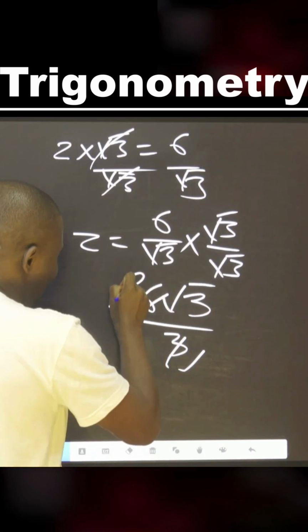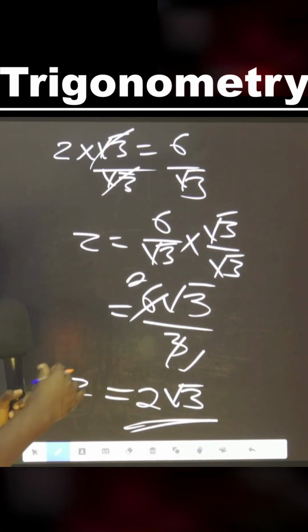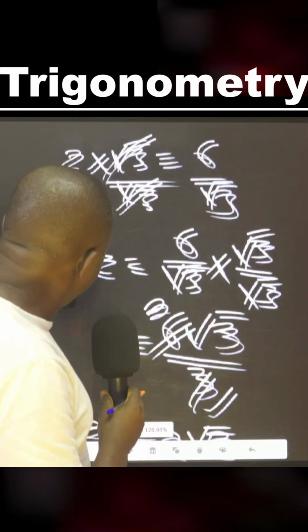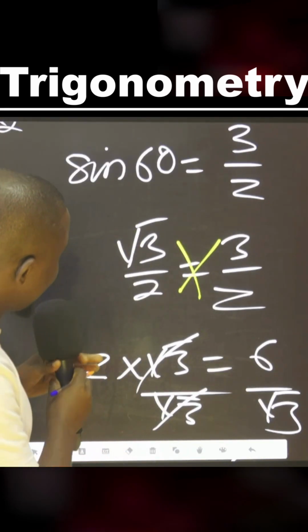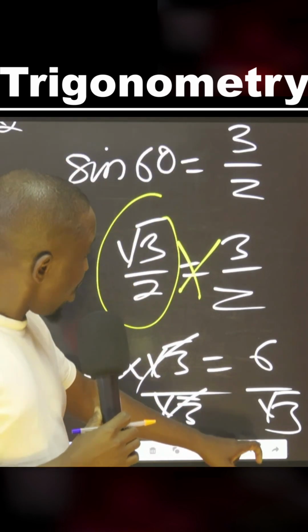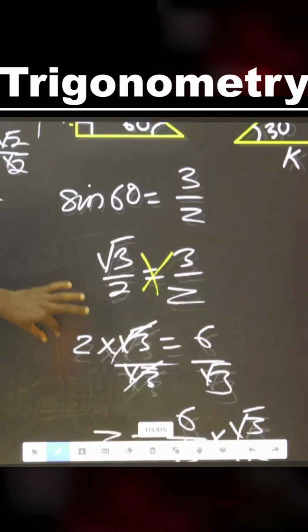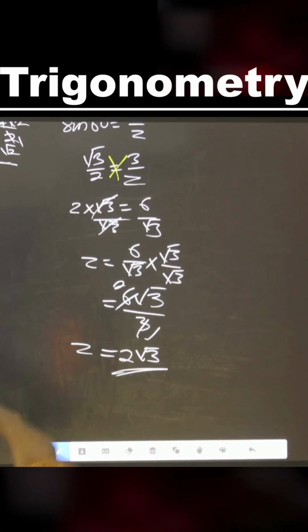Here cancel here, you have 2 equals to 2 square root of 3. The major part of this class is just here. If you don't understand this, it's because you didn't watch the previous video. Go and watch it, okay? So this is the answer for Z: 2 square root of 3.